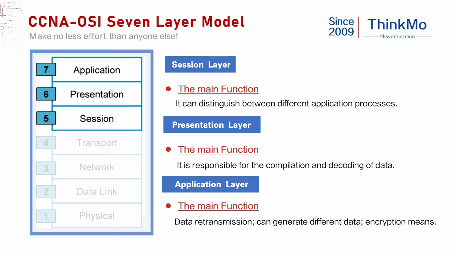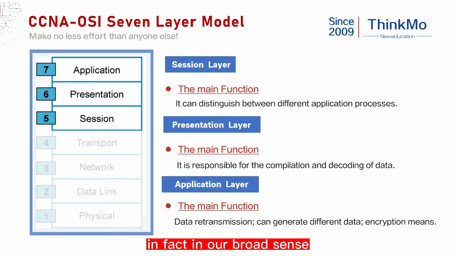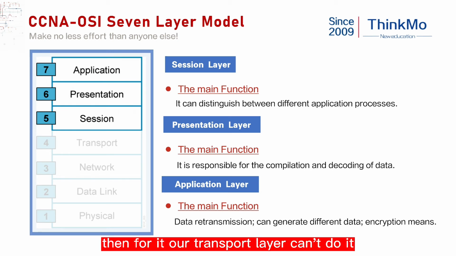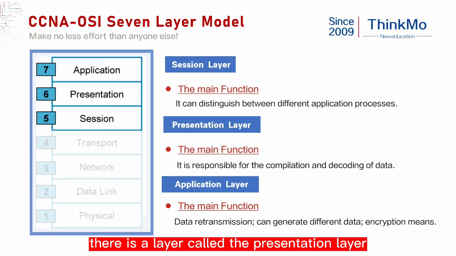Strictly speaking, a process, as everyone understands it, is in our broad sense a concept of service. But a process also has subservices, or subprocesses, within it. Our transport layer can't do this, so we need to use the session layer. Looking further up, there is a layer called the presentation layer.